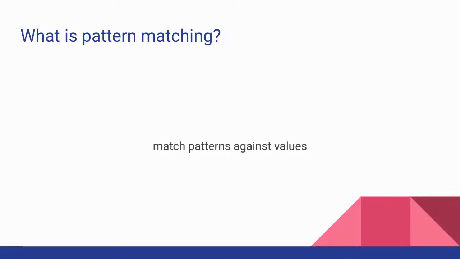In my words, I describe it as a way we can match patterns against values. So we have some text, a number, a class, an array, or a hash, and we can match this value against some pattern we need.